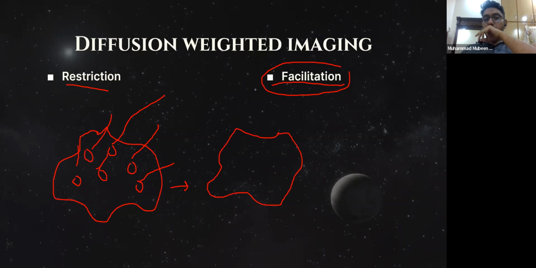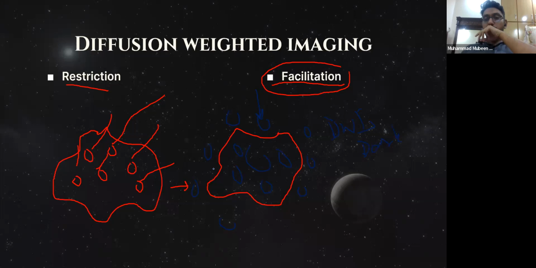If there is normal diffusion, which is also called facilitation, all the molecules will have moved outside of that particular area, and there will be new molecules which have taken up the spot instead. So we won't receive any signals from there. On DWI images, we will not receive any signal, so it will appear dark on DWI.